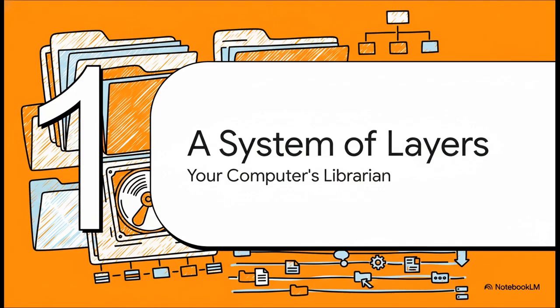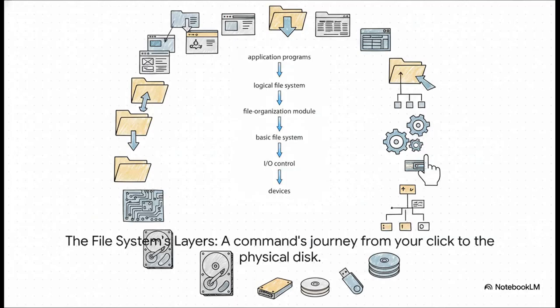It's actually a really sophisticated system, built in layers, and each layer has a very specific job to do. So, how does this all work? A simple request, like saving a file, doesn't just happen. It actually goes on a journey. It travels from your mouse click down through all these different layers of the system until it finally lands on the physical disk. So let's follow that path step by step.